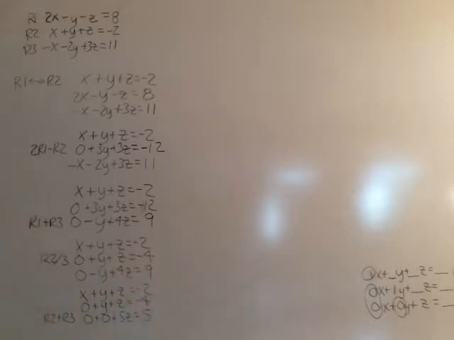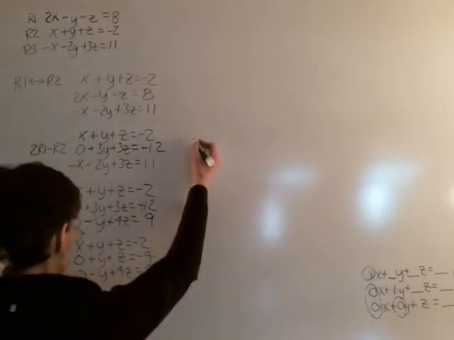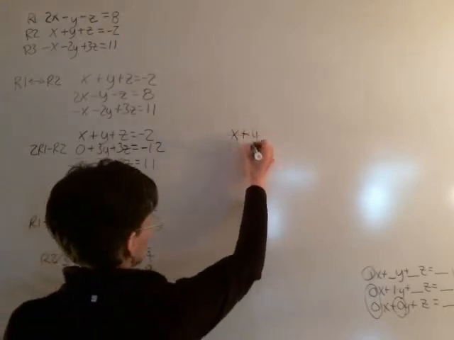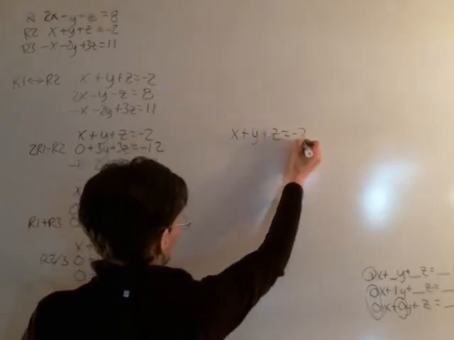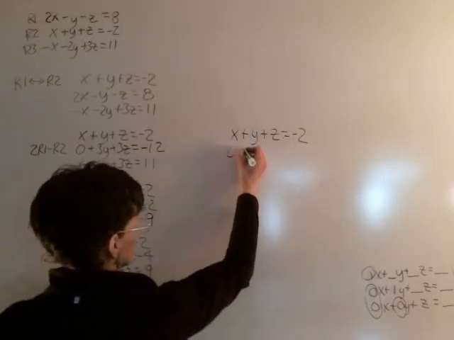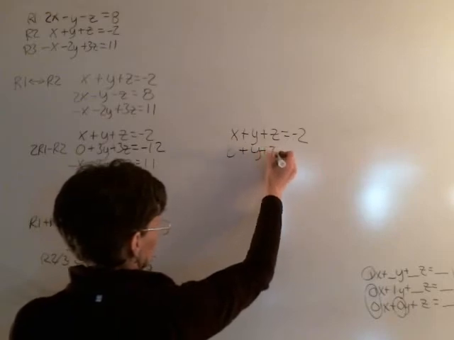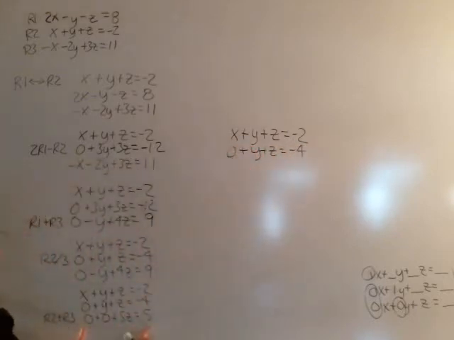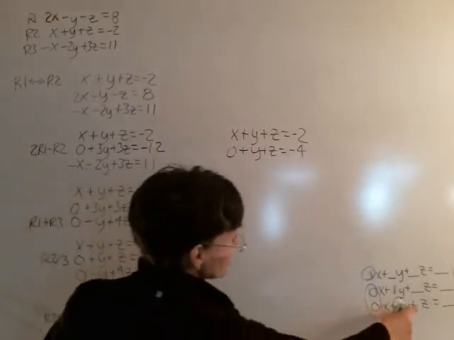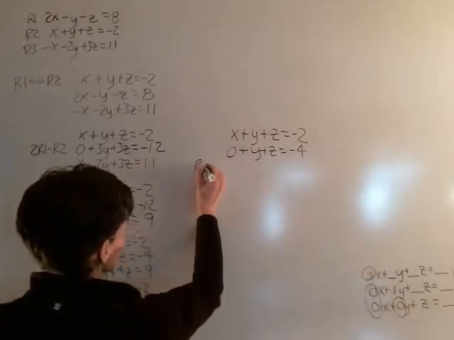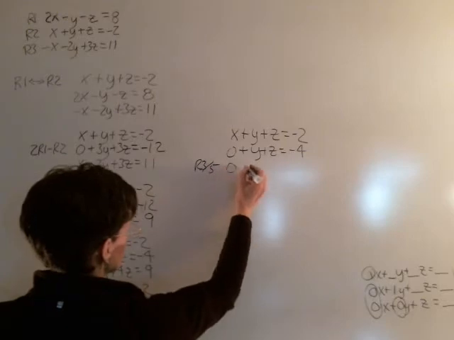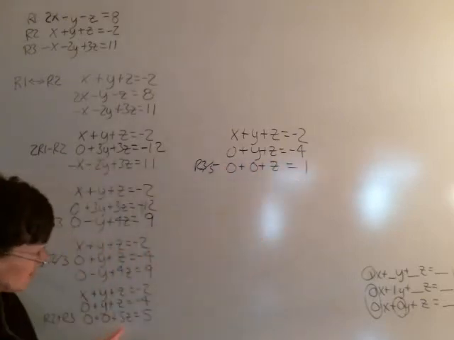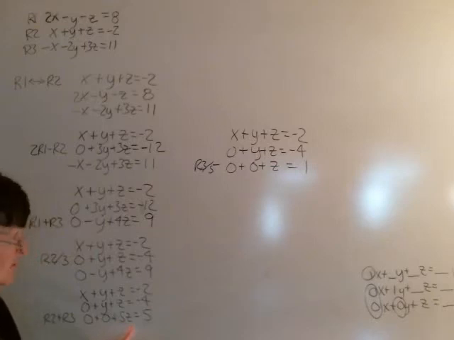Now for my final matrix, I'll come over here and write my final matrix. The first row is going to stay the same. The second row is going to stay the same. And the third row, I'm simply going to divide by 5 so that I can get my 1 here. So this is R3 divided by 5. So I get 0 plus z. 5z divided by 5 is z.